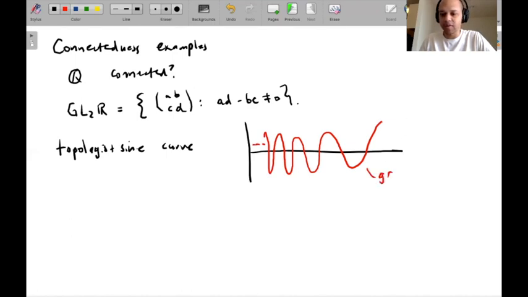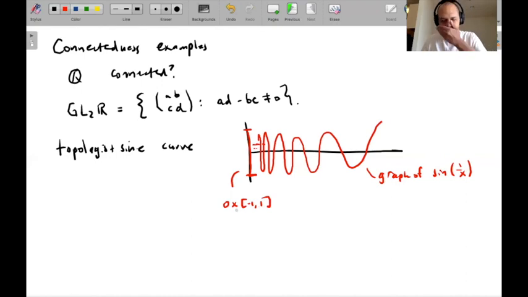This is the graph of sine 1 over x, which has this weird behavior at the origin. It just oscillates indefinitely with smaller and smaller periods. And then to this, we add this interval here, 0 times -1 to 1, which is basically the set of limit points of this graph.